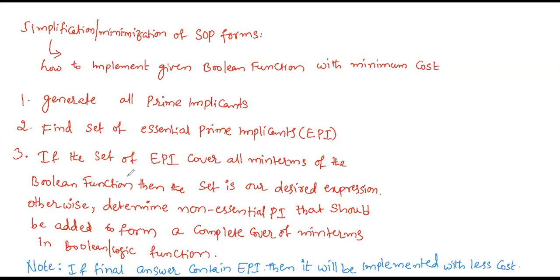Okay. Prime implicant is nothing but a group of minterms. Essential prime implicant means if at least one minterm is not shared by other groups, that is essential prime implicant. With one example, you can understand clearly.